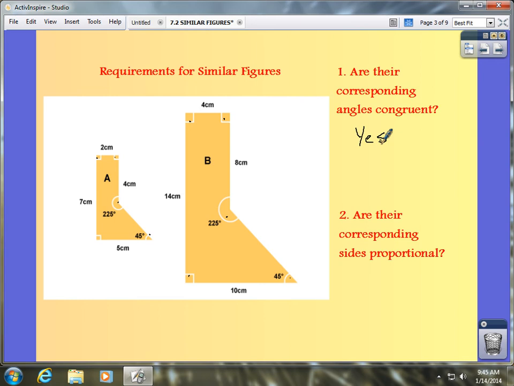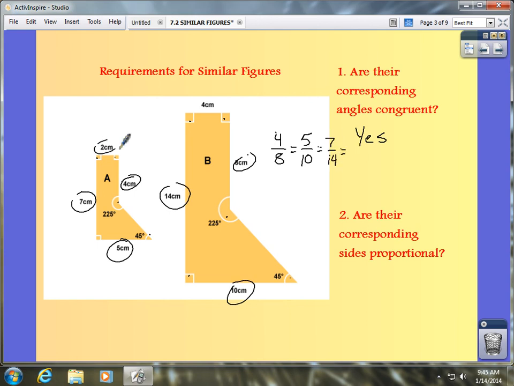We have 4 over 8 has to equal 5 over 10, has to equal 7 over 14, has to equal 2 over 4. And yes, they are all equal. The top one is always a half of the bottom one. So yes, they are proportional. So the figures are similar.